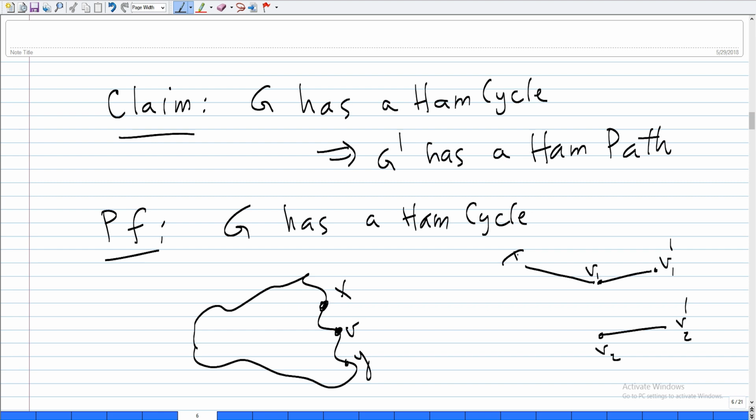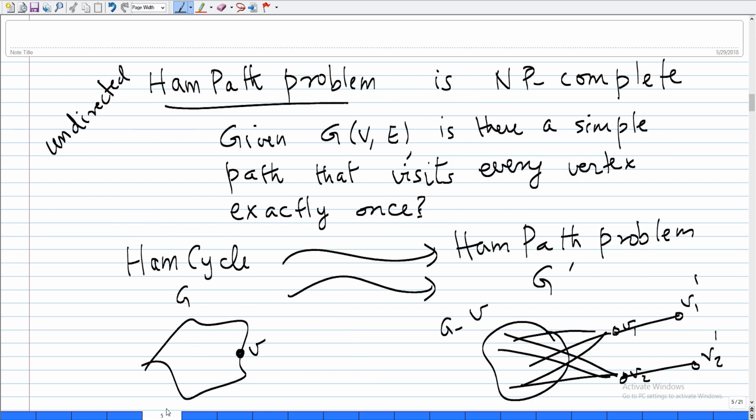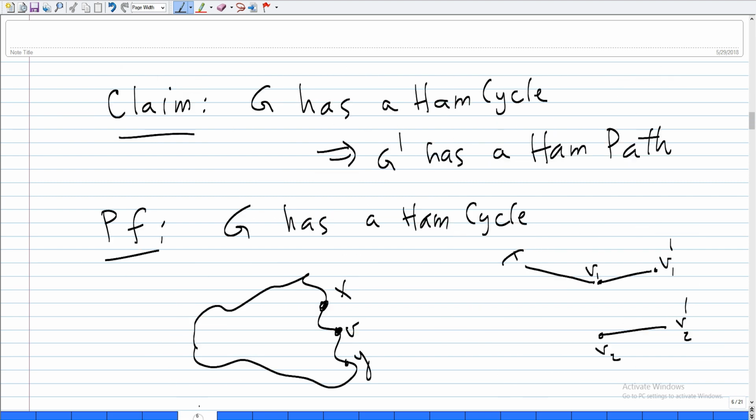Because I made the construction ensure that whatever V was adjacent to, V1 and V2 are adjacent to. So if X and Y were adjacent to V in the graph, then X will be adjacent to V1, and Y will be adjacent to both V1 and V2.